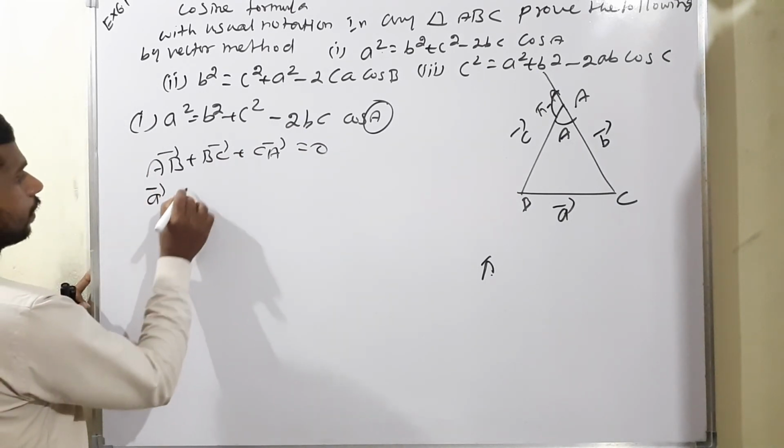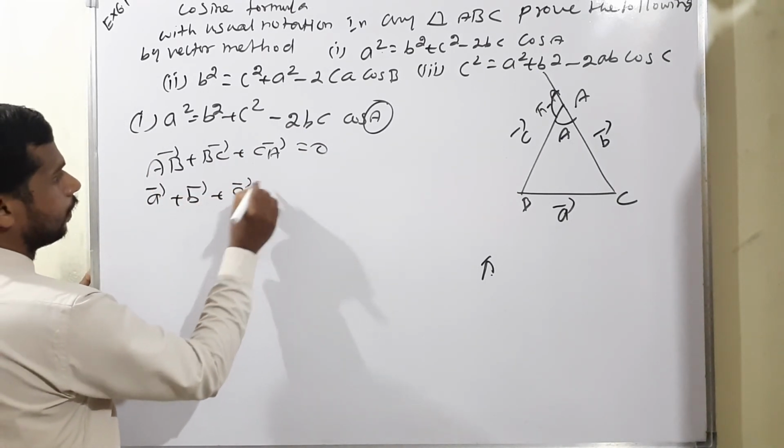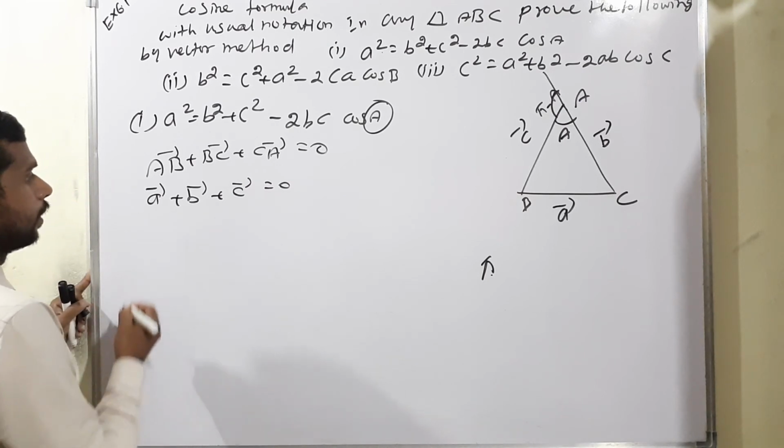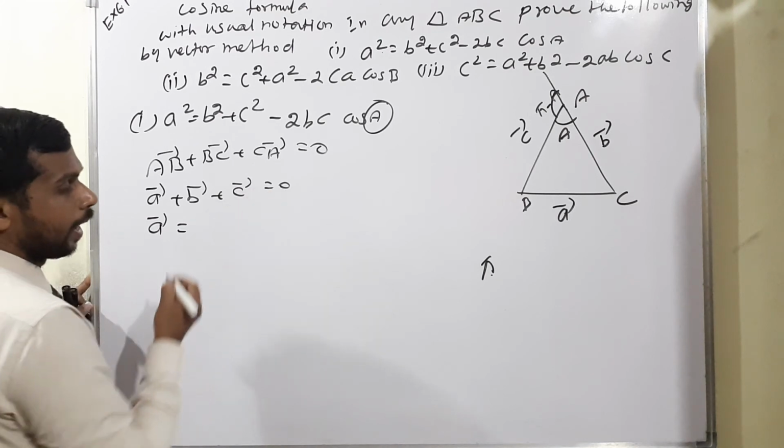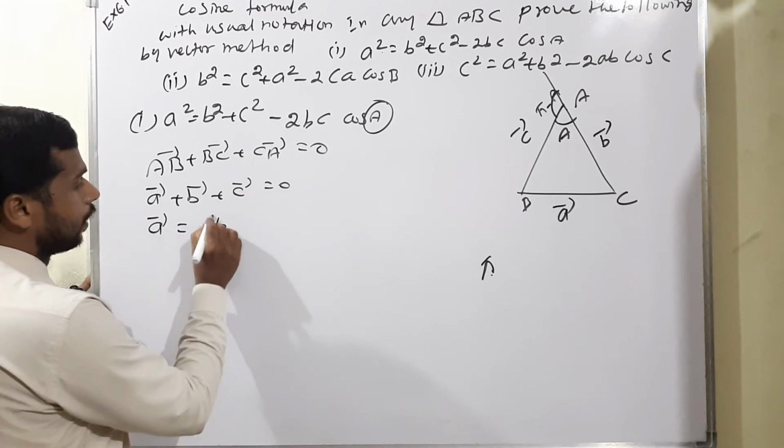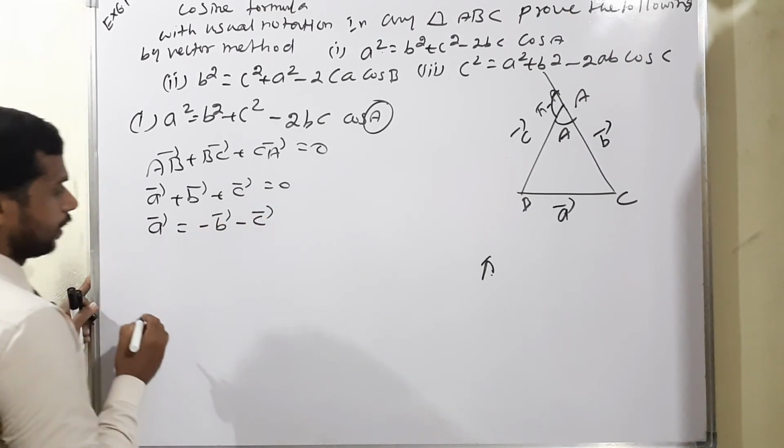So A vector plus B vector plus C vector is equal to 0 means keep A on the left hand side, and bring the remaining plus B and plus C to the opposite side, which means minus B vector and minus C vector.